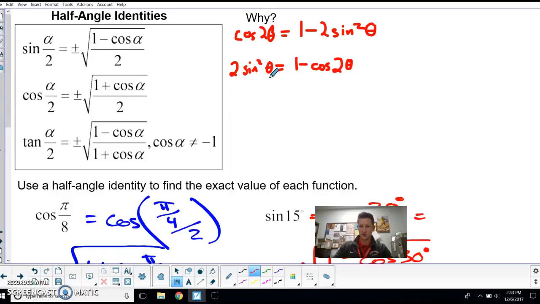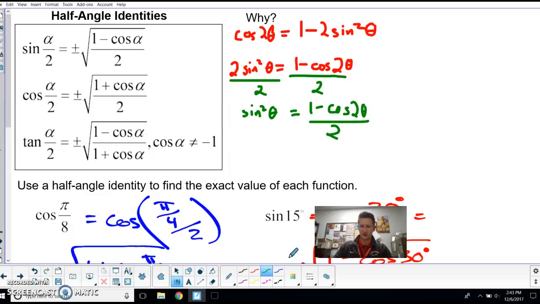Then, as I'm continuing to work to solve for sine, I'd probably divide both sides by 2, and I'd have sine squared theta is equal to that thing over 2. So 1 minus cosine of twice theta, all over 2.